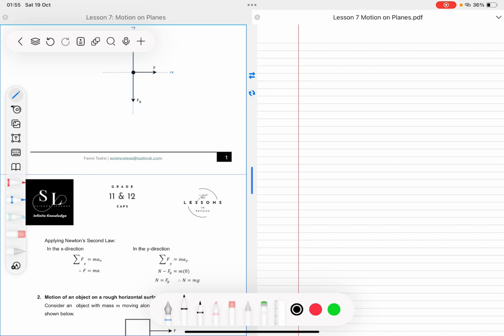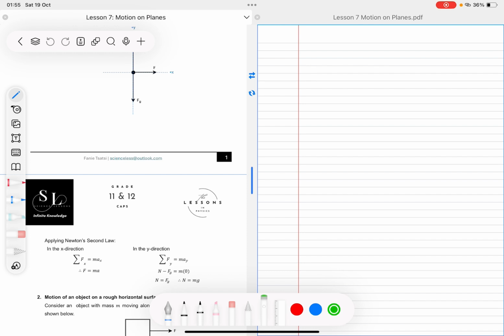So, if I were to look at scenario 1 and do calculations on it, I'll look at the x component separately to say the net force in the x is equal to the mass times the acceleration in the x. But the net force in the x will be the vector sum of all forces acting on an object. Remember in lesson 1 we discussed what the net force is.